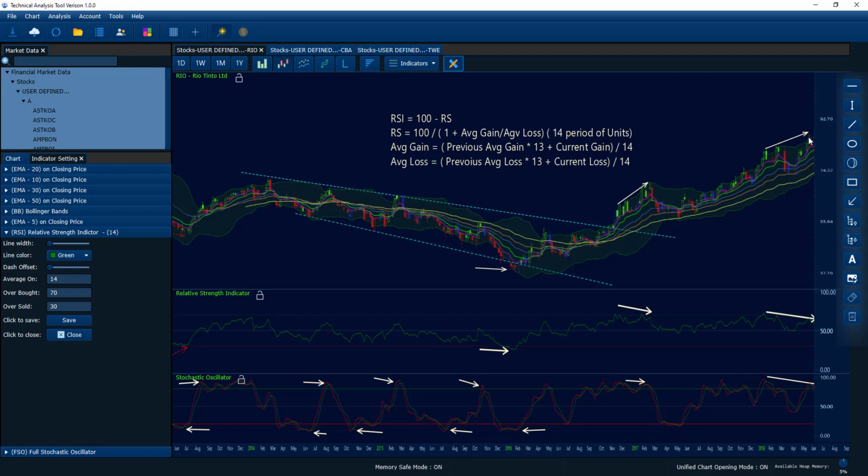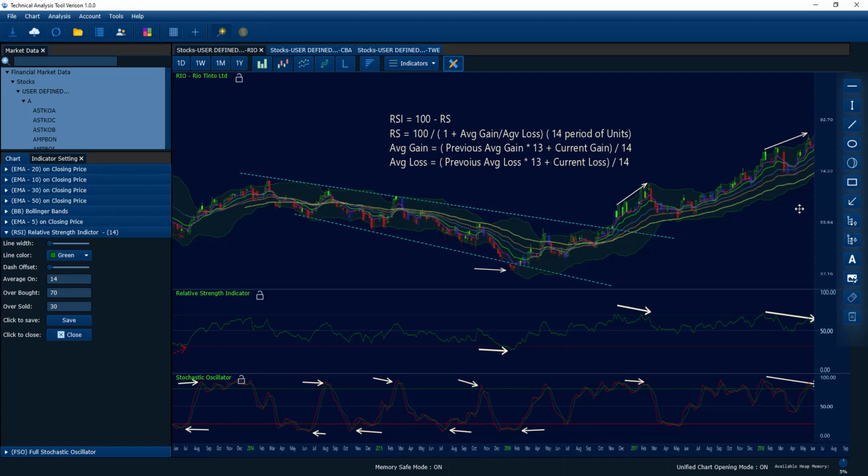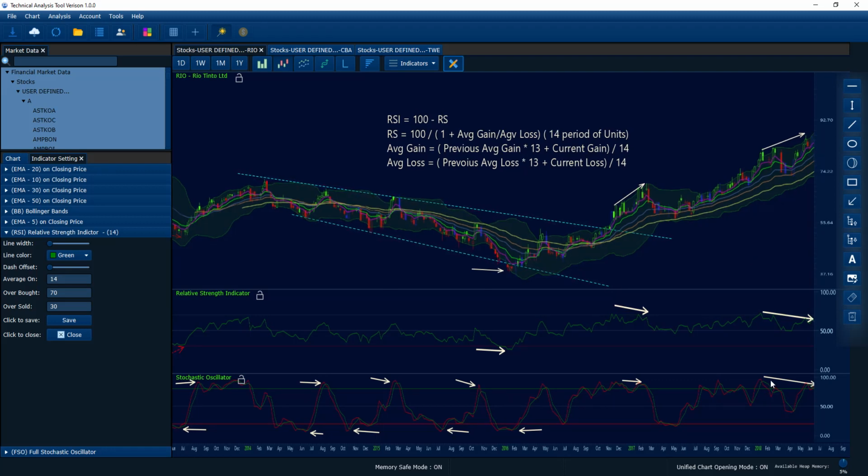But as you can see, this time the price breached and closed above the Bollinger Bands' upper band. So that's an indication of overbought, right? Meanwhile, this time even the Stochastic Oscillator also creates a divergence. So it's a double divergence plus an overbought signal from the Bollinger Bands.